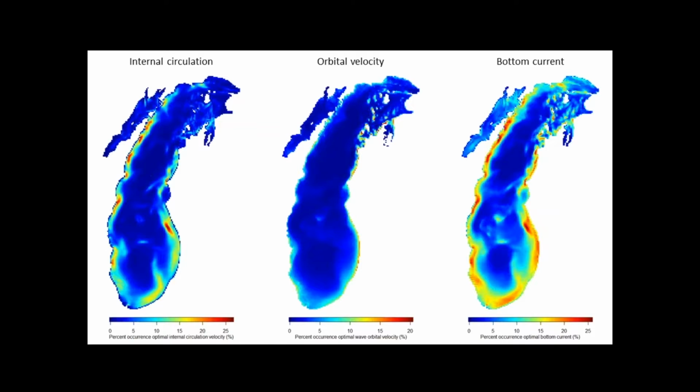So looking at the map here on the right, those really dark crimson areas are areas where the velocity of water falls within that range between 10 and 20 centimeters per second, 26% of the time, which is pretty cool.